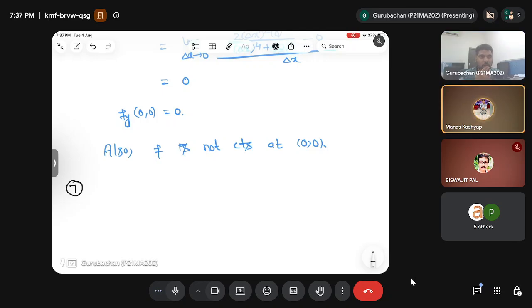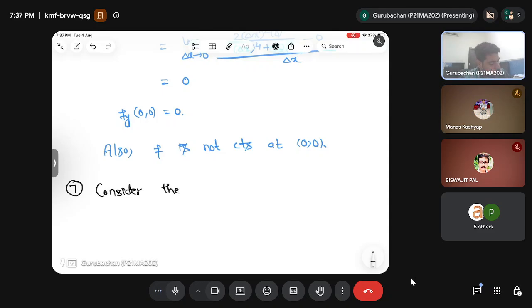I have studied something like this in a lecture in a remarks part. That is for higher order partial derivatives, fxy and fyx. I'll tell you in the next question. Correct. If your function is continuous, then you can say that both of them are equal.